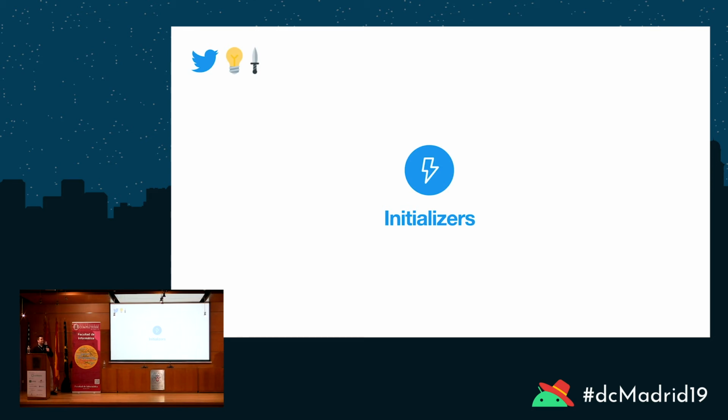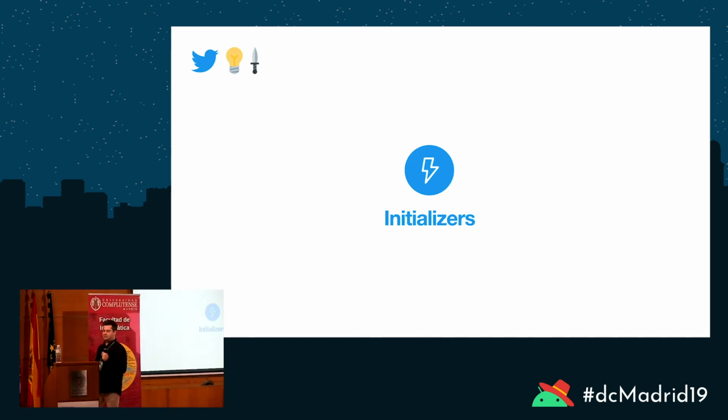So we can use a multi-binding set to aggregate the objects that take care of that initialization. And just by the trick of accessing that multi-binding, Dagger is going to instantiate all of those objects. So you can take advantage of that and get all this initialization code going.